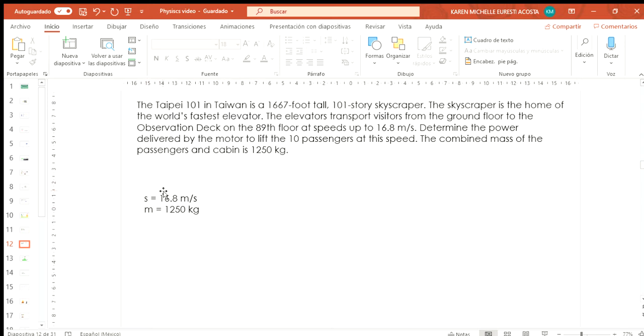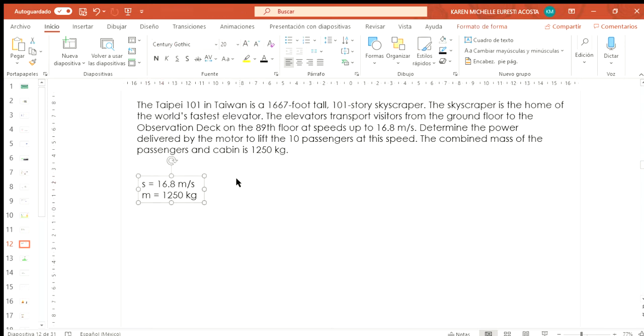So we have the knowns that are the speed and the mass. And since we don't have all the data we need to calculate the force, we are going to take gravity, that is 9.8 meters per second squared.